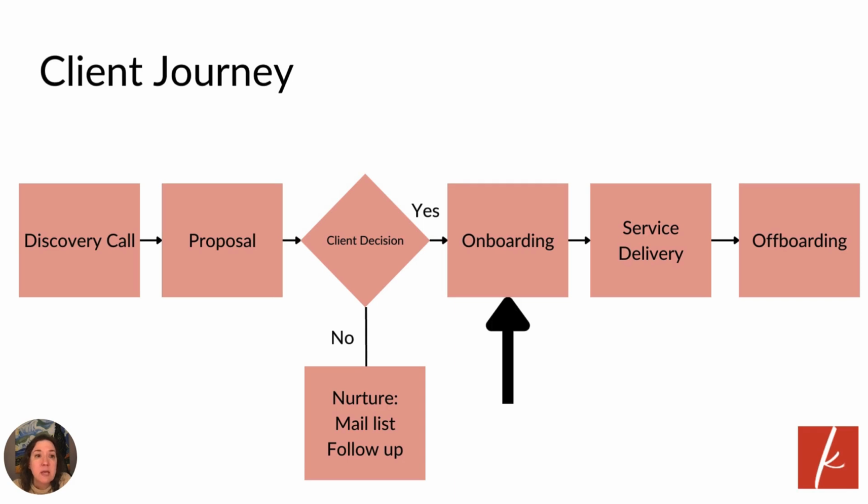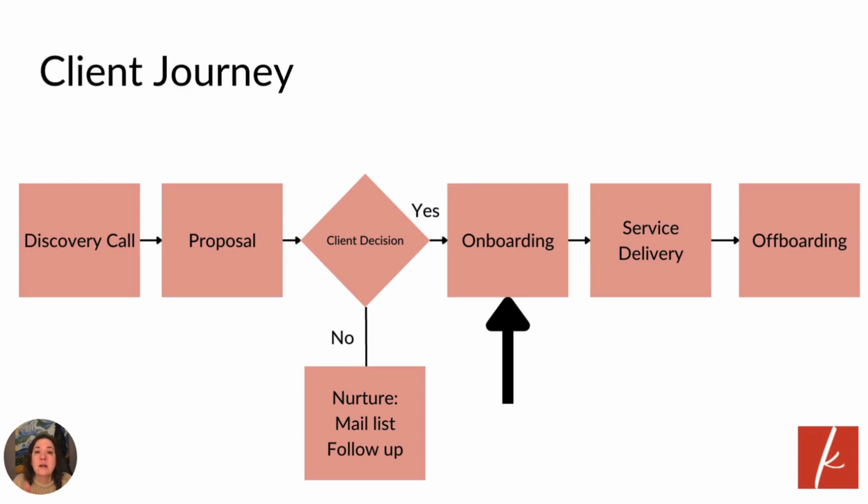So maybe we need a process around the discovery call, like what happens on that call and what do we need to cover and what information do we need and how do we move into the proposal and what's our proposal process? How do we create that? How do we present that? What's our nurture process? If they say no, we add them to the mailing list. Do we call again in a couple months?